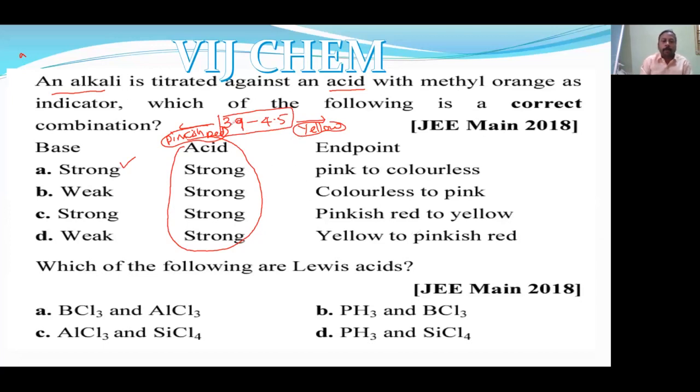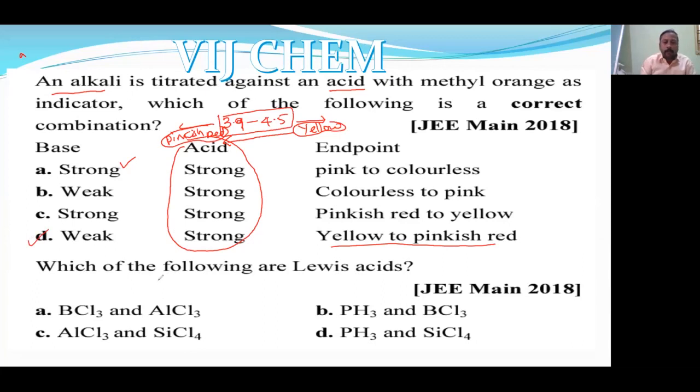For yellow to pinkish red, we already have the alkali, so the pH will be more than 7, and it will start as yellow color. Once you keep on adding the acid, it will reduce to pinkish red. So the answer will be yellow to pinkish red. Therefore, D option is correct.